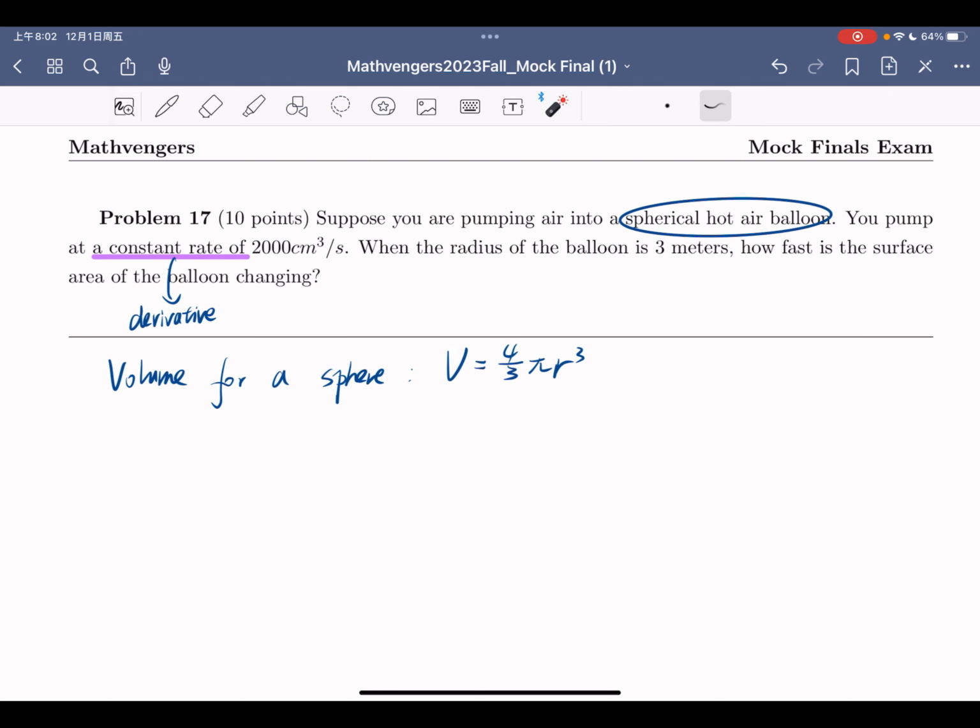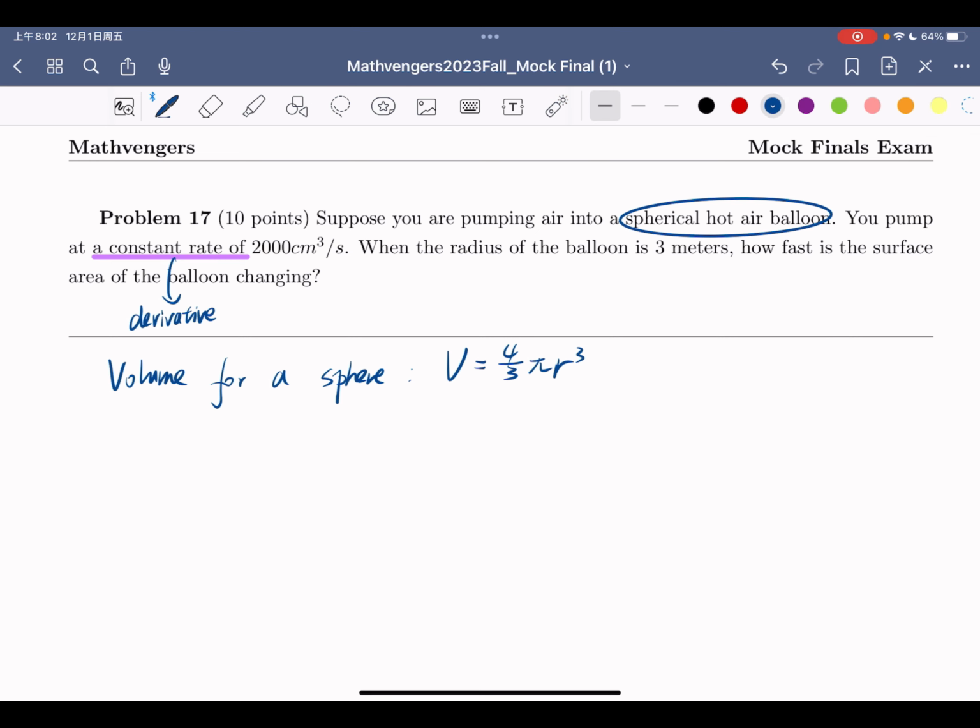But you need to figure out which two variables the derivative is of. This is based on the unit. This unit is for volume, because this is cubic, and per second, which means this is time taken. So you need to translate this sentence into a more mathematical formula.